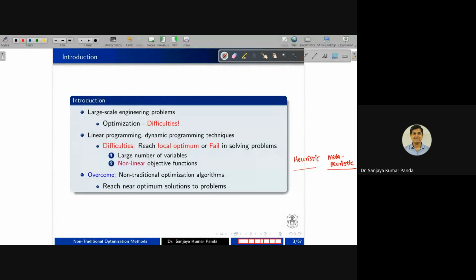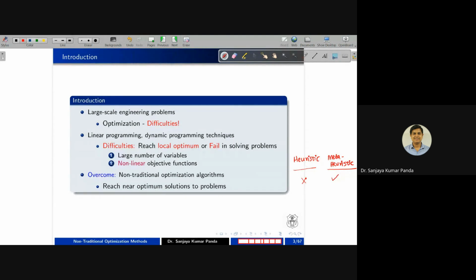That is the reason why we are looking for meta heuristic rather than a heuristic. So whatever optimization algorithms we will discuss, like genetic algorithm, particle swarm optimization, ant colony optimization, teaching learning based optimization, Jaya algorithm, or Rao algorithm, these all come under meta heuristic based algorithms.